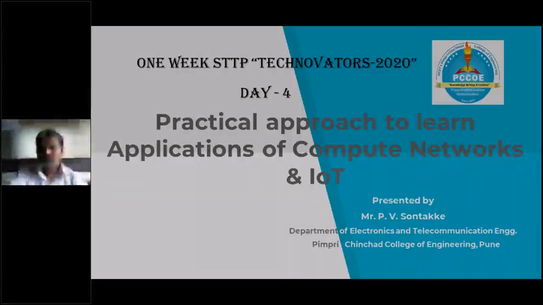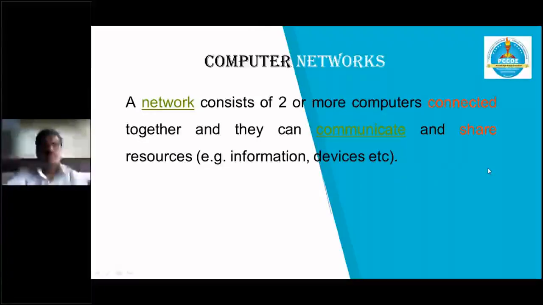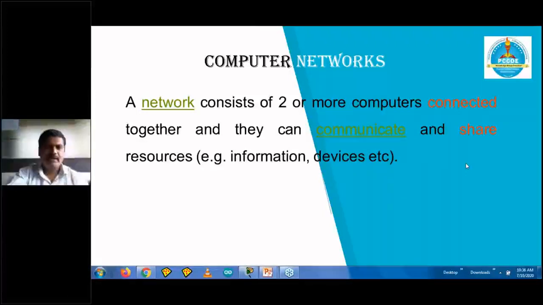What are computer networks? A computer network is a network of two or more computers which are connected together, and they can communicate as well as share some resources. This is in the form of information that one user wants to communicate with another user, or different devices communicating with each other.